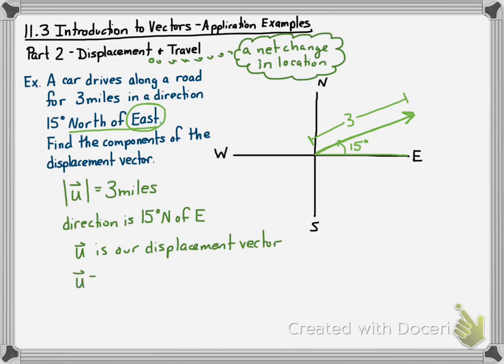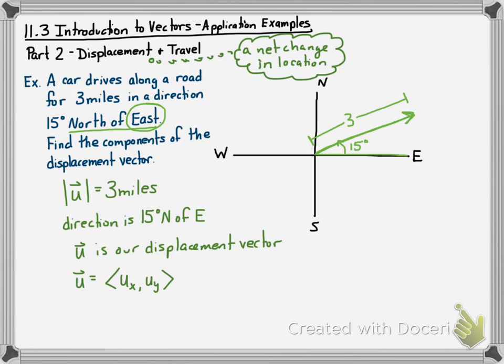When we talk about finding the components, we want to find the x component and the y component. I'm going to draw a picture separate from our diagram up above, just so that I have a little more space.